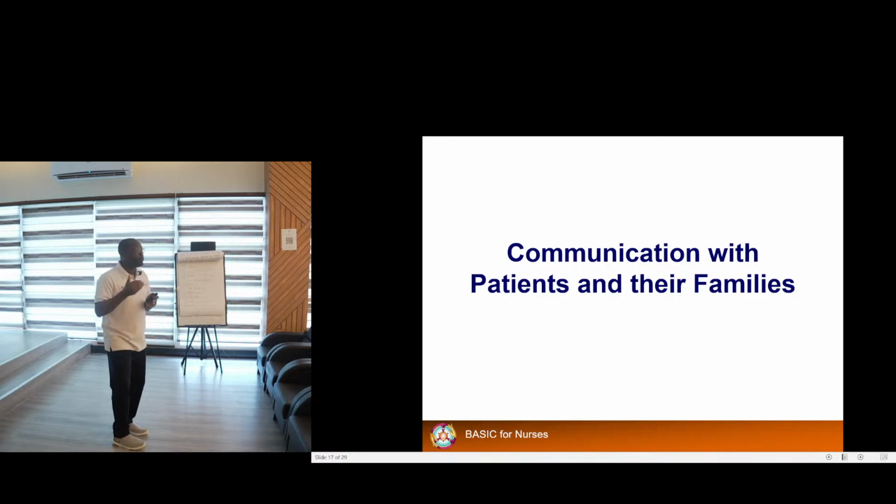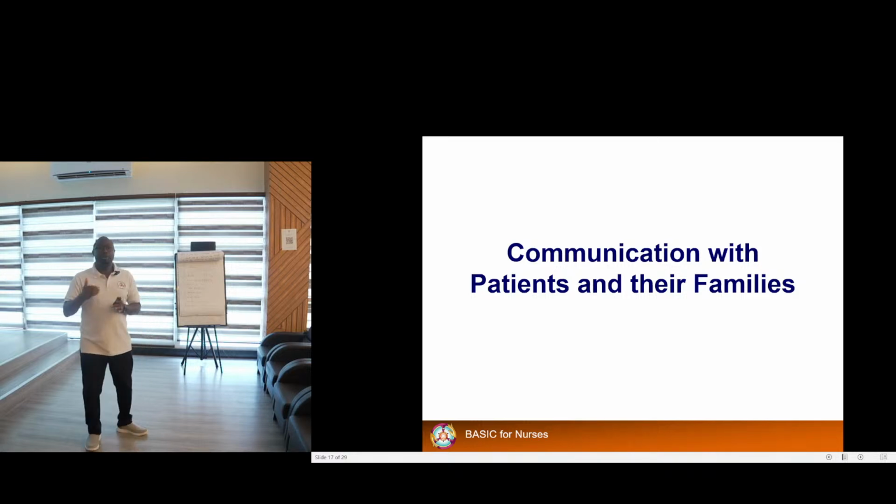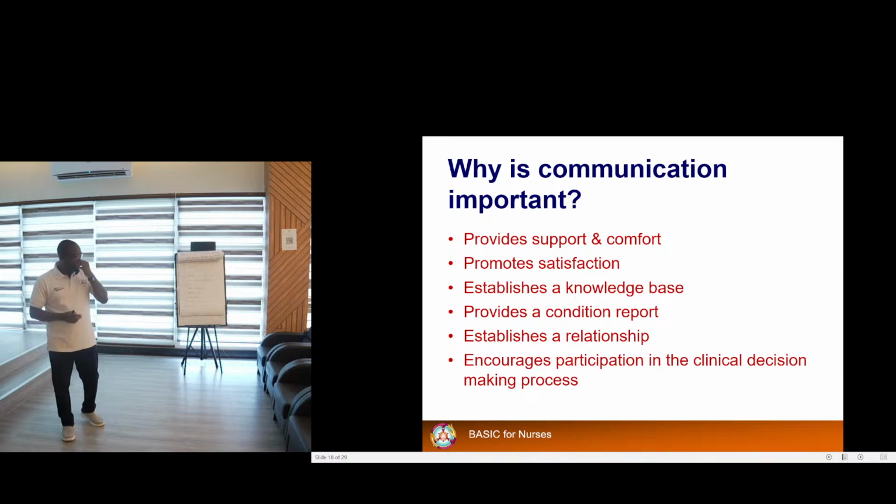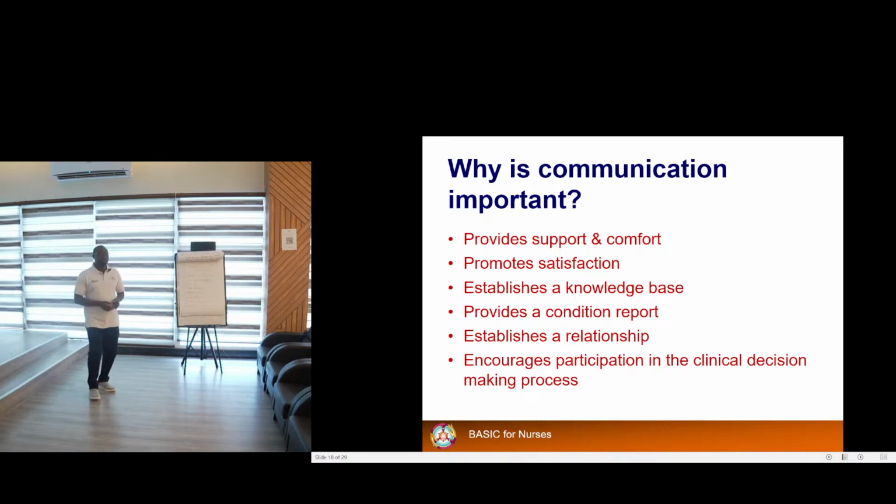There's the person who is ill, and there's the family taking care of that patient. Communicate with them both. That provides support and comfort, promotes satisfaction, establishes a knowledge base and a relationship. And most important, it encourages participation in the clinical decision-making process.